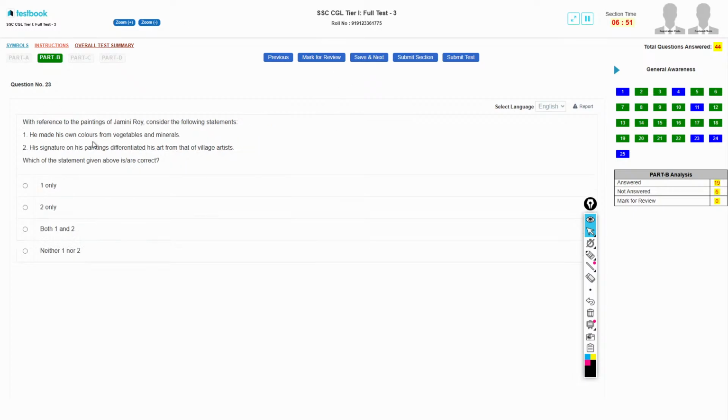He made his own colors from vegetables and minerals. Okay. His signature on the paintings differentiated his art from that of village artists. Is it his signature that differentiated, or the art style? The art style should differentiate, right? Or were they very close to those of village artists?